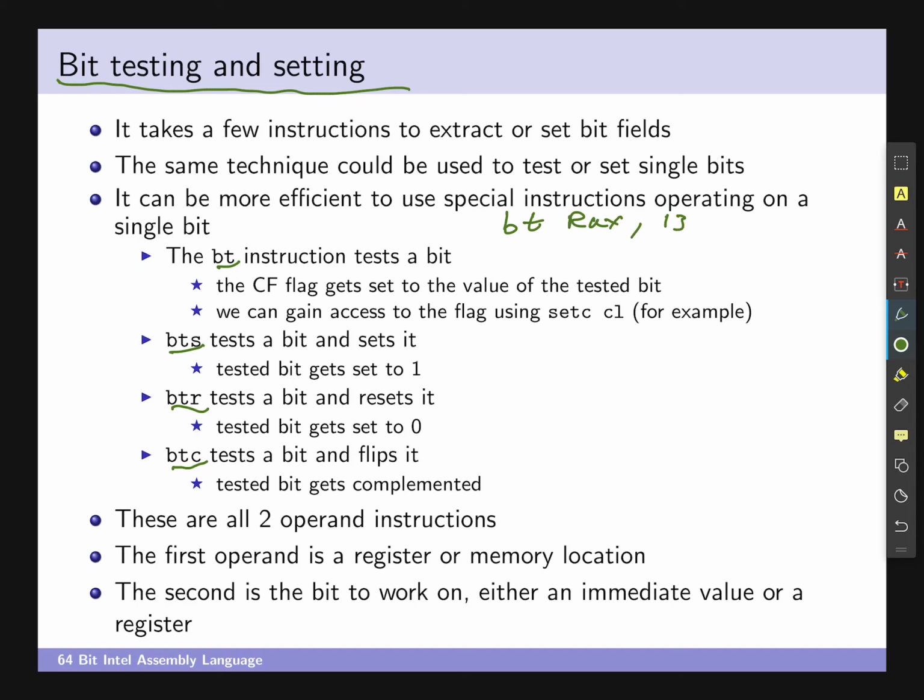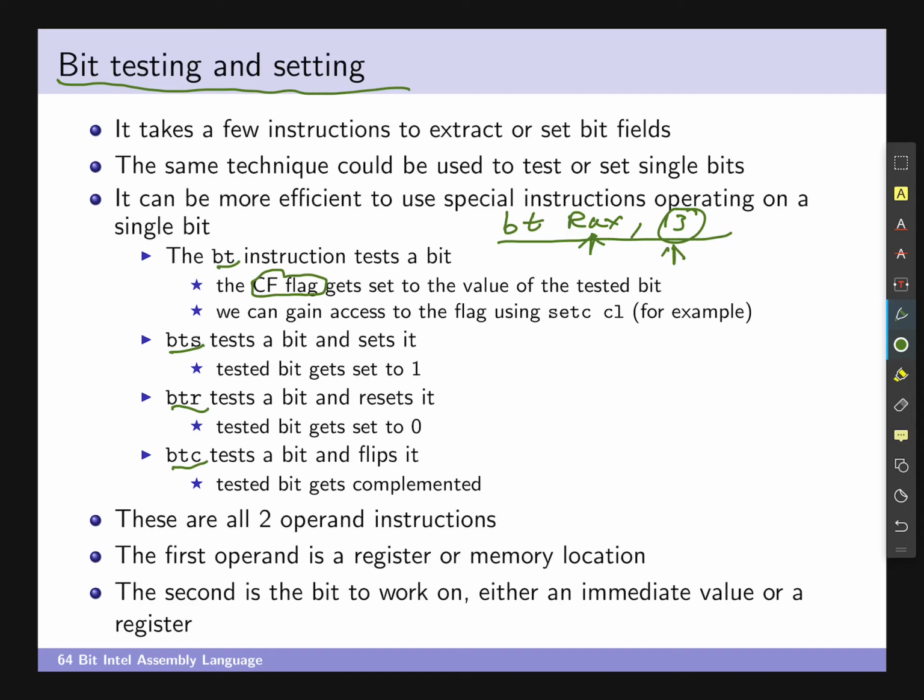So say I want to look at bit 13. Now, what will happen is if the 13th bit, so index 13, of RAX is true, we will end up setting the carry flag to be true. Now remember from before, some addition and those kinds of operations would set carry flags. Same thing applies here, just we're explicitly setting the carry flag to be 1 if the 13th bit of RAX was 1.